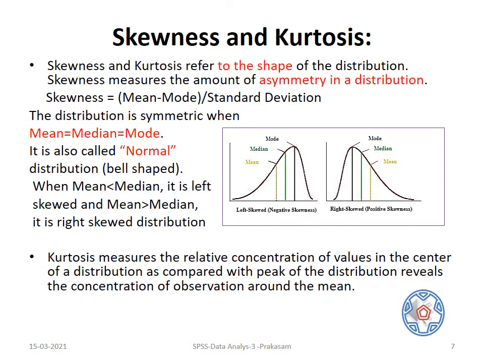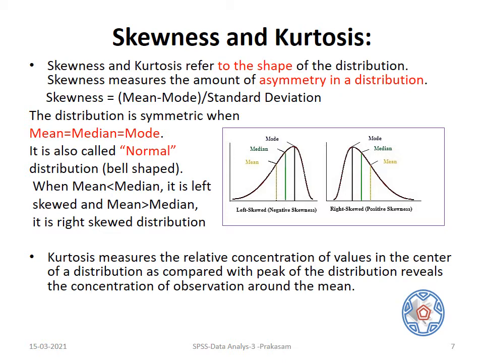To understand the nature of the distribution of our data set, another measure is called skewness, as well as kurtosis. Skewness and kurtosis refer to the shape of the distribution. Suppose you plot all your data set on the x and y axis, then how will it look in general or in the normal condition?